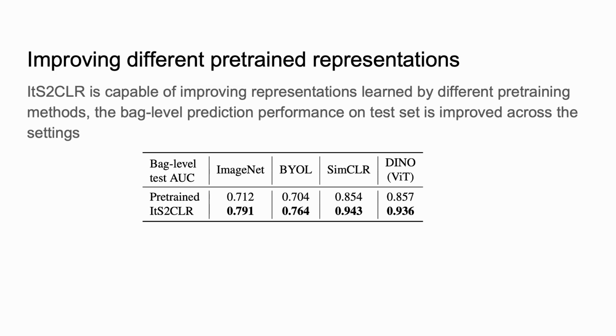We experiment with different pre-trained instance representations, including ImageNet pre-trained weights and several commonly used SSL methods. The table shows that our framework can consistently improve the performance based on the initial representations trained by different models. Both experiments show that our framework can be easily adopted to different multiple instance learning models.